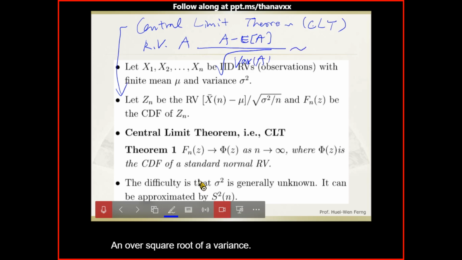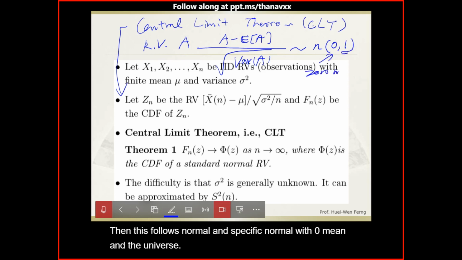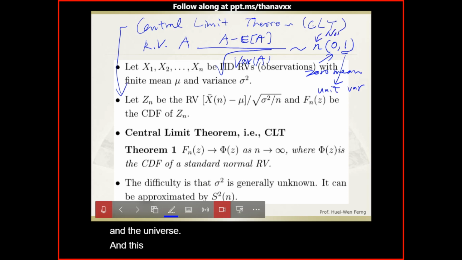Then this follows a normal distribution, specifically normal with zero mean and unit variance. And this is normal.